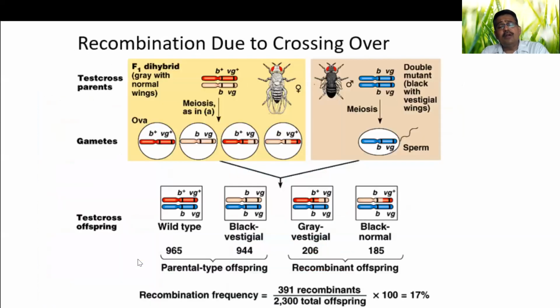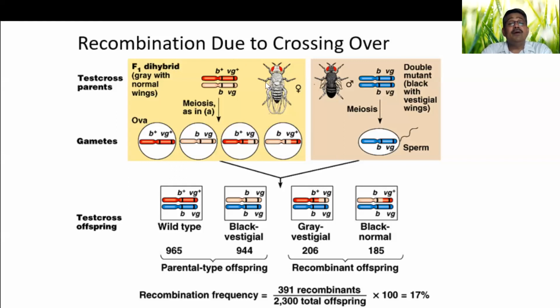So how do people calculate the recombination frequency? Even from Morgan, when he worked on the fruit fly experiment, this has been very clearly explained. When you want to find the recombinants, to calculate recombination frequency people normally use the test cross method.